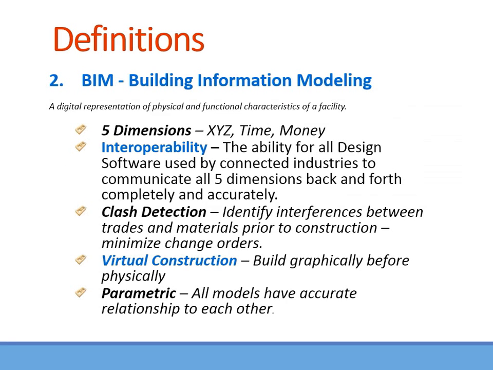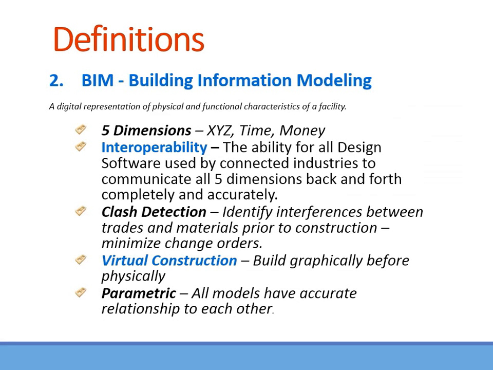The second definition, building information modeling, is different than the model. This is really considering five dimensions: the XYZ plane, time, and money. All of those need to be considered when you're designing a building. It's looking at interoperability, which is the ability for all design software used by architects, engineers, mason contractors, manufacturers, and general contractors to communicate information back and forth.